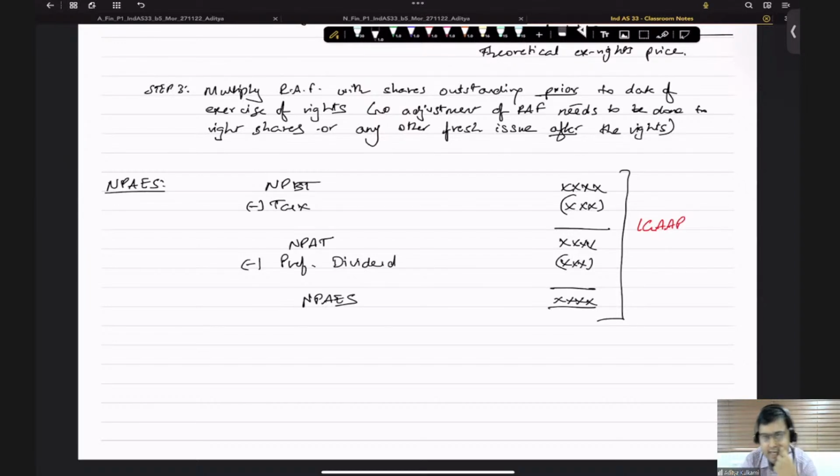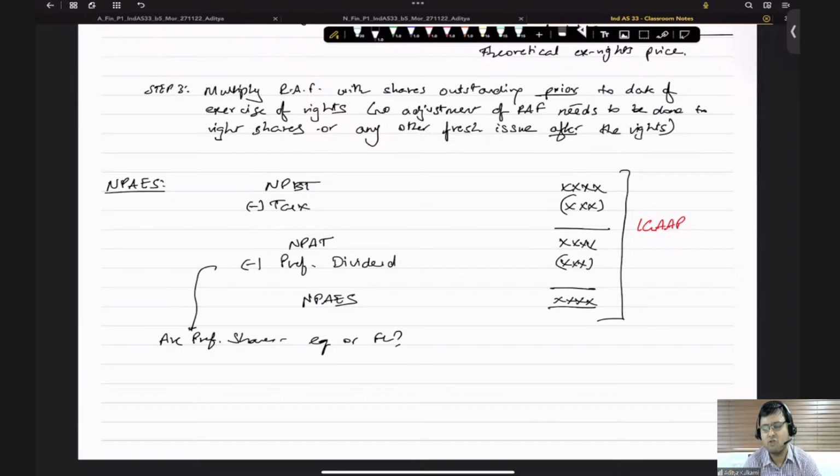But if you look at Ind AS, the first question Ind AS asks is, are preference shares equity or a financial liability? More often than not, even under the Companies Act, we don't have irredeemable preference shares being issued. They are mandatorily required to be redeemed within a maximum period of 20 years.